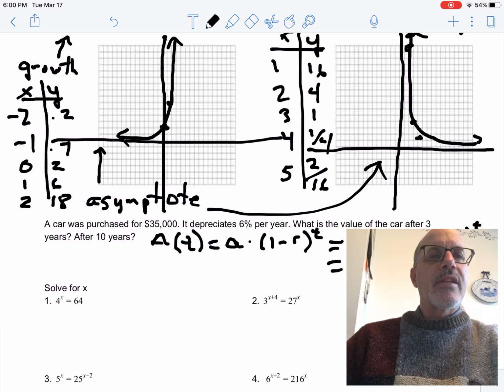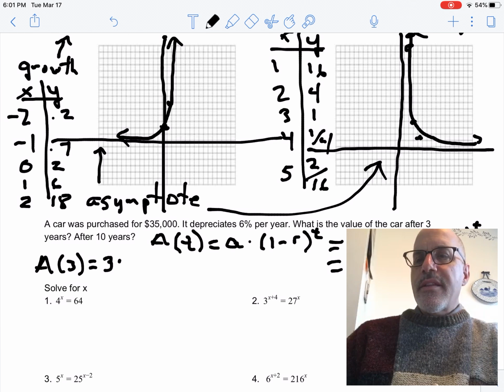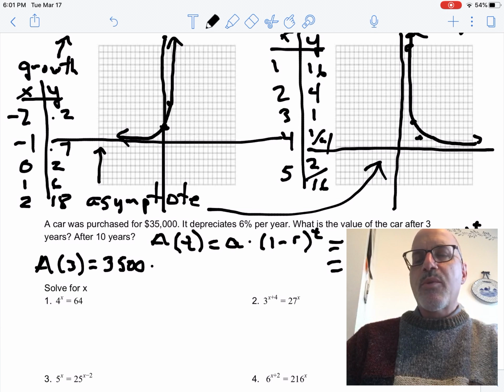All right, now let's actually put in some of these values. It says after 3 years and after 10 years. So we're going to start off by putting in the 3 years. A of 3 is going to equal that initial value, 35,000, then we're going to have our 1 minus 0.06, which was 0.94.